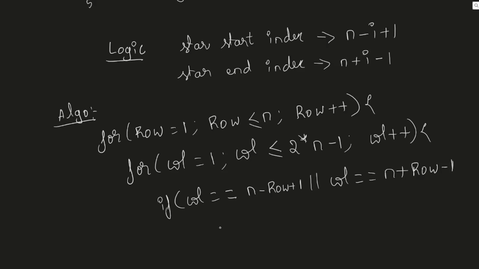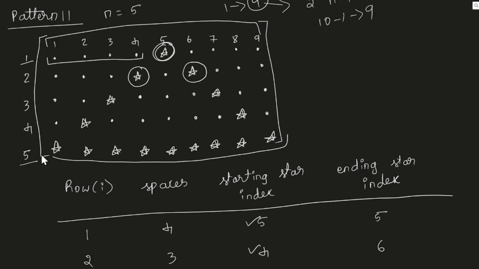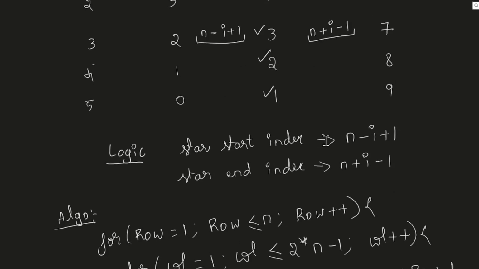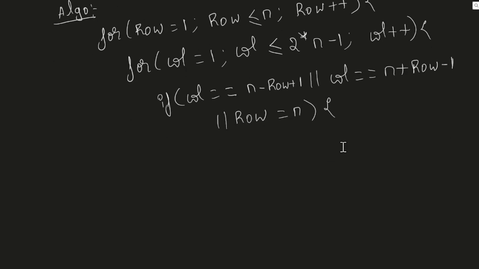We need to have one more condition here mentioning that if row equals n, we need to print the stars at every index. If you observe in the pattern, at row 5, we have stars at every index. So we can have the same condition in the if condition.